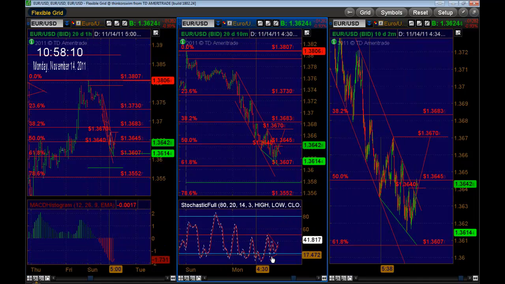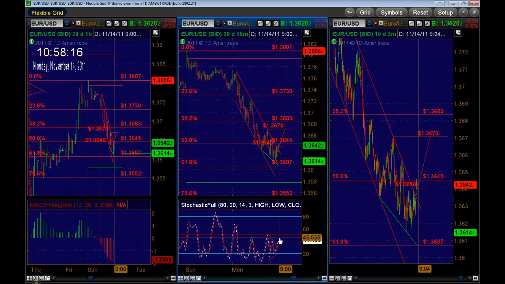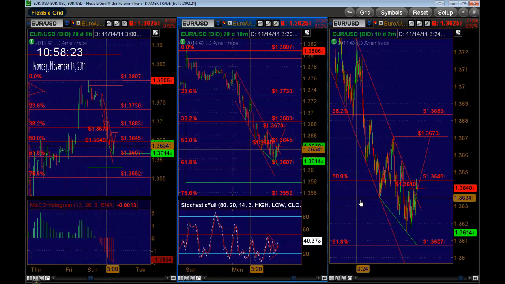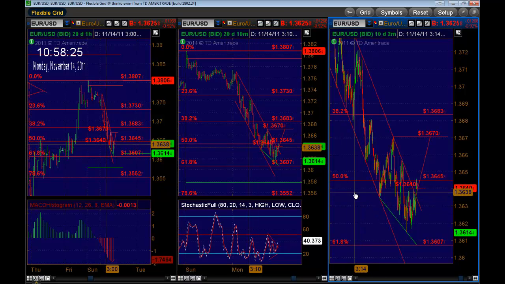Then I go to the intermediate time frame and look at the oscillator to hone the entries and get more precise. Then I'll go down to the lowest time frame charts and try to nail the entry with precision there.